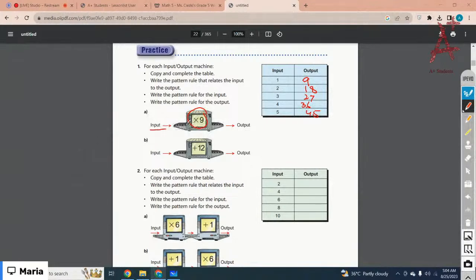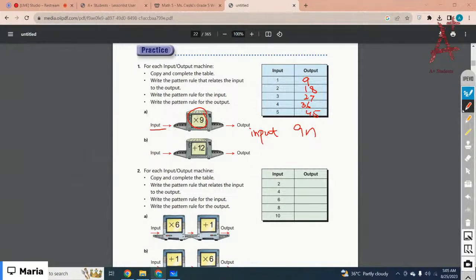You have to write the pattern rule for the input and the pattern rule for the output also. Let's suppose input is n. The pattern rule for input is 9 times n. You have to multiply every input value by 9, right?